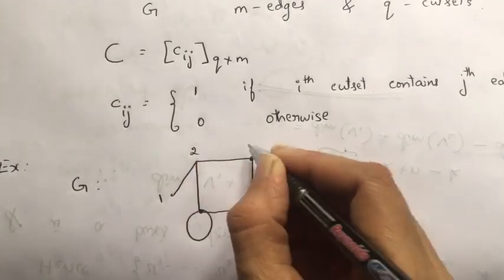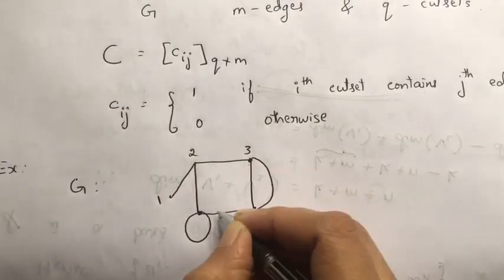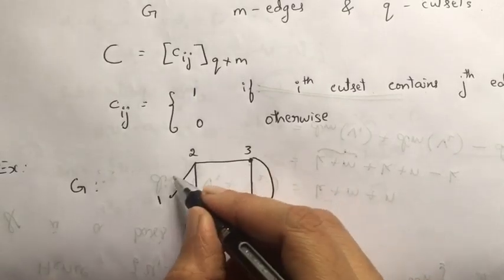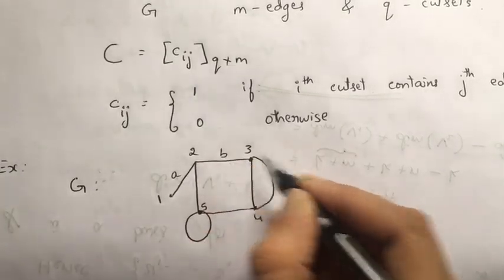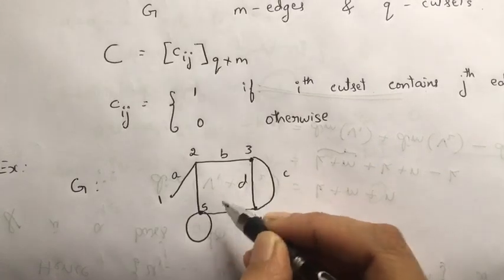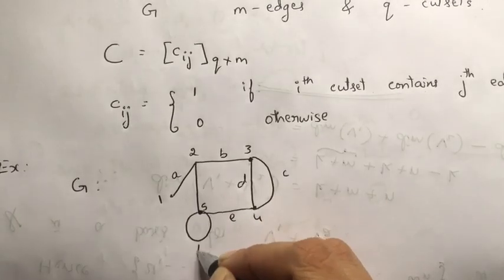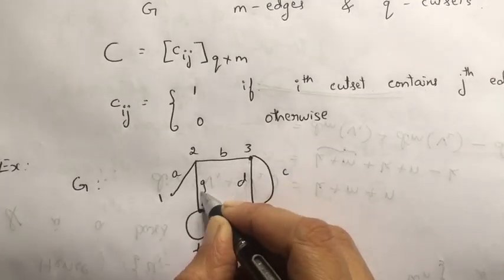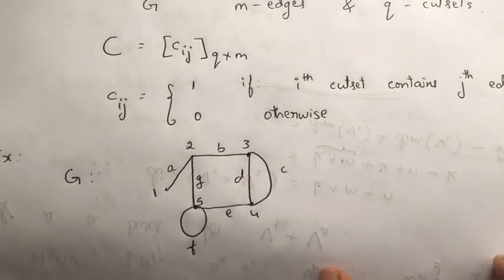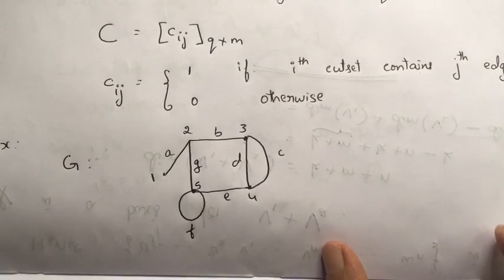Edges are A, B, C, D, E, F and G. Suppose this is my graph.